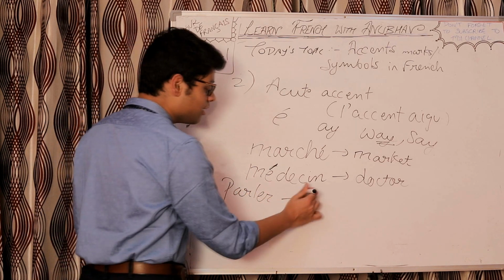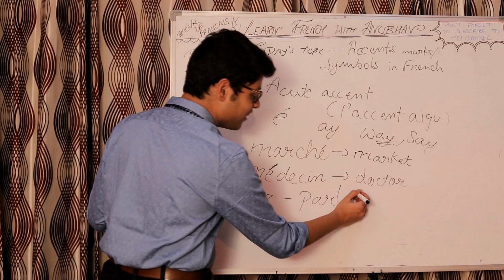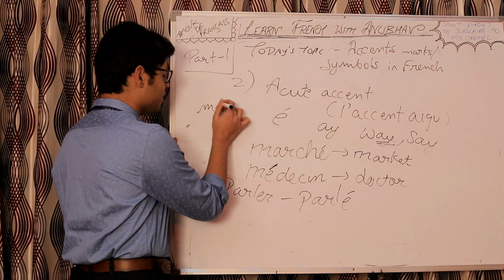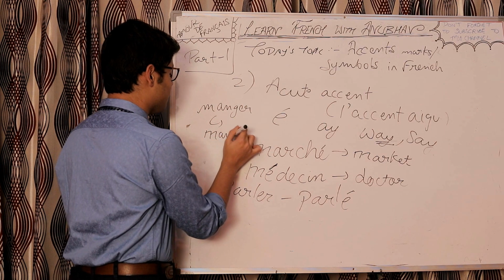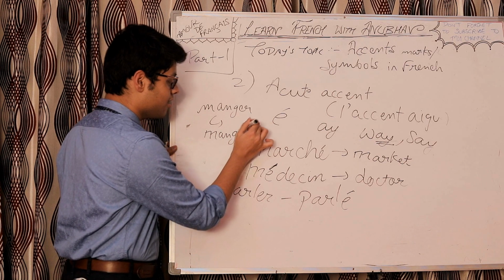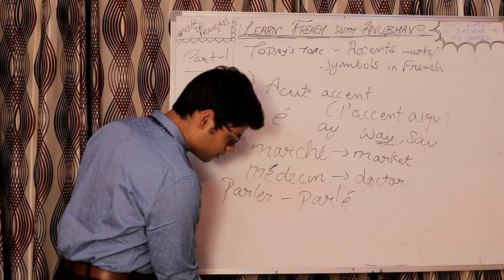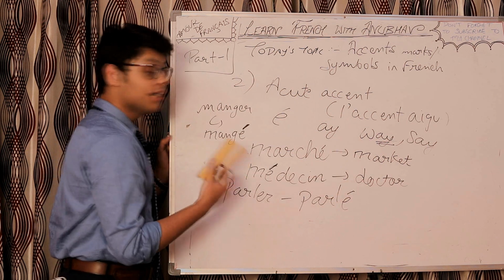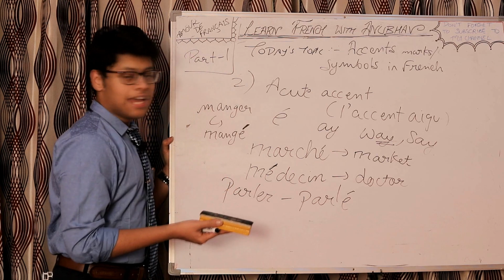What's the past participle? Par with an accent aigu over it, which makes it parlé. Similarly, if we take manger, the past participle, mangé, this accent aigu comes over here. So that was all for the accent aigu, and now moving towards the third and the last one for today's class, which is the accent grave.